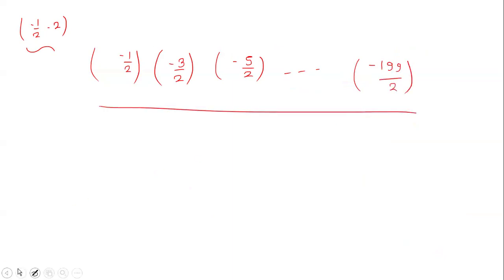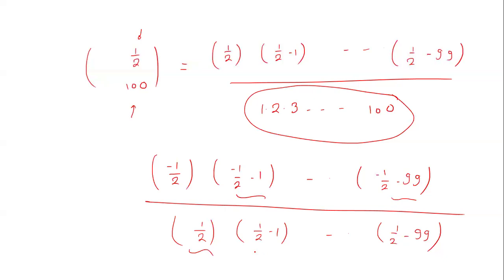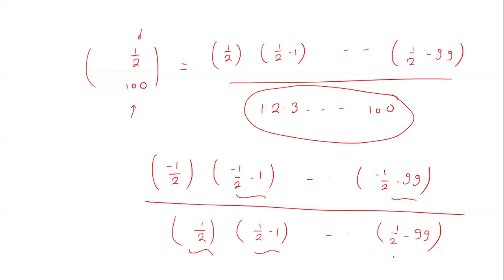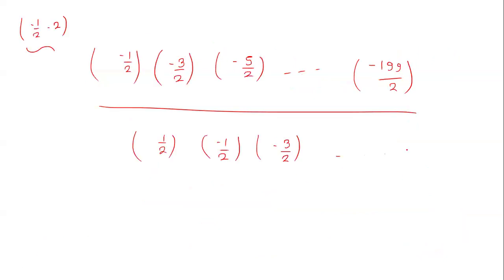In the denominator, initially there is half, then there is minus half, then minus 3 by 2, and it goes up to minus 197 divided by 2. You can see that. So what are the different things remaining?